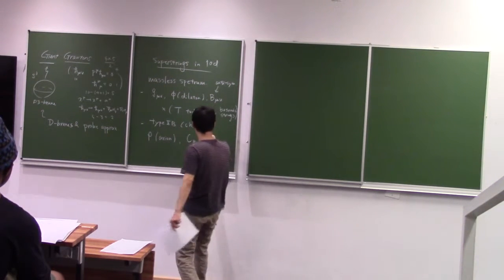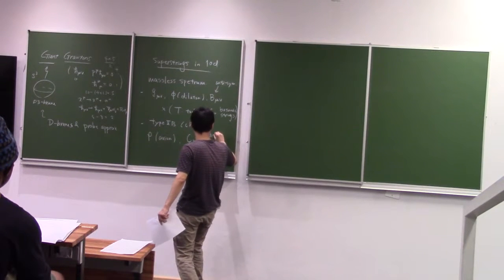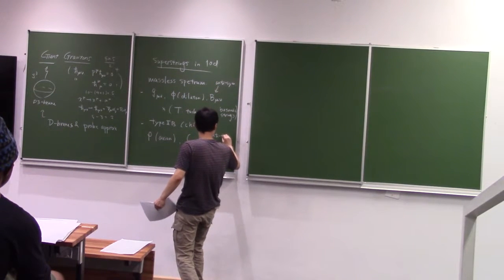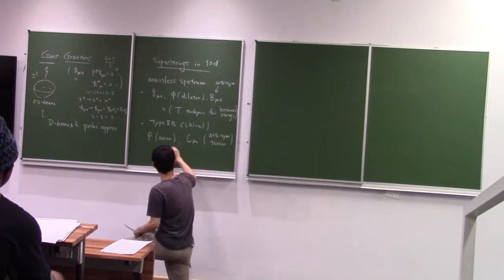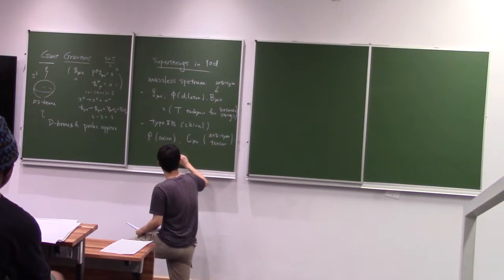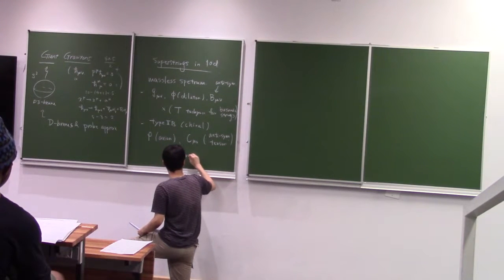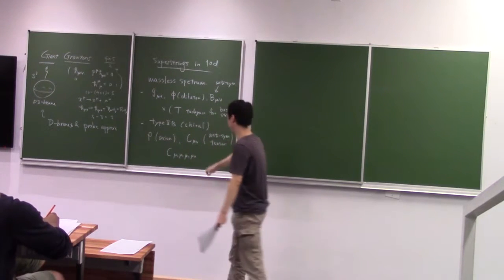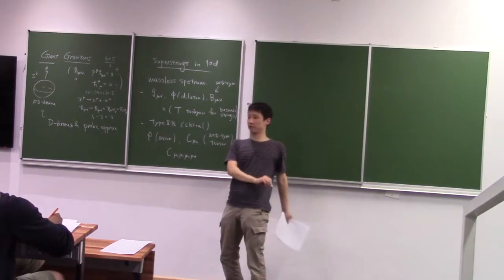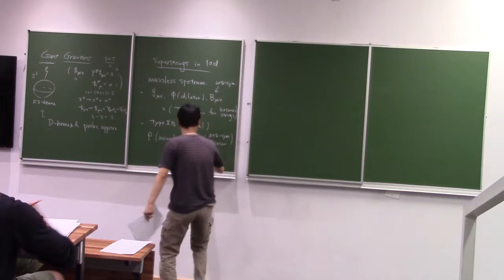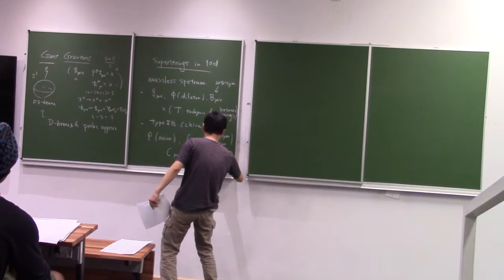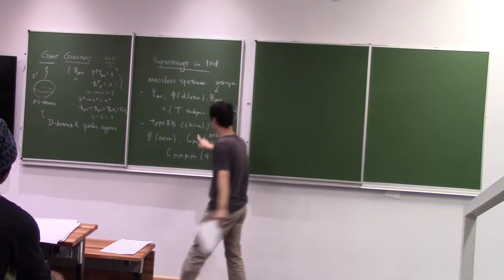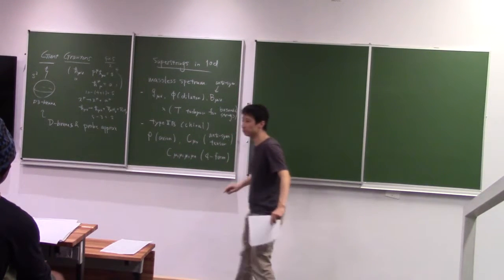This is another antisymmetric tensor. And then you have a four form, so an antisymmetric rank 4 tensor. So this is a 2 form, and a 4 form.